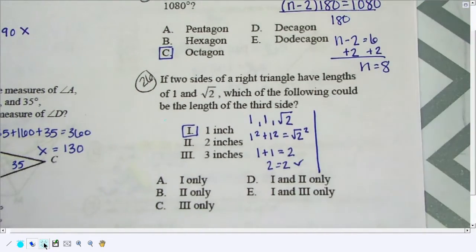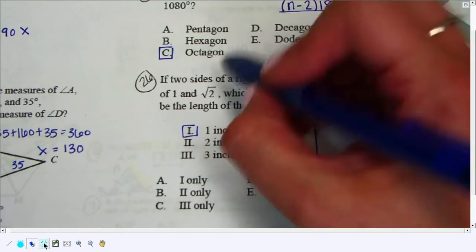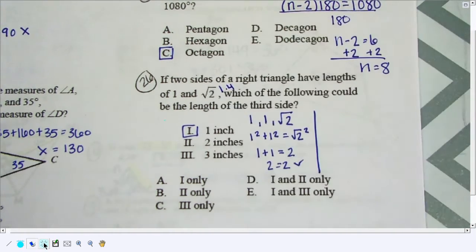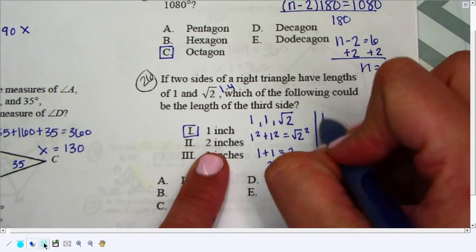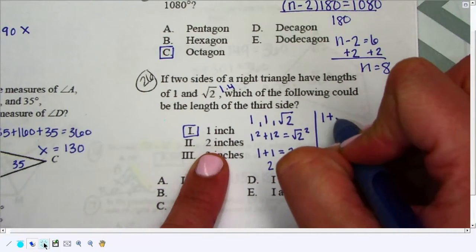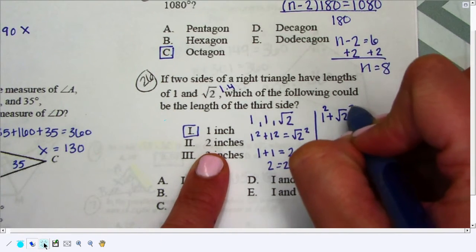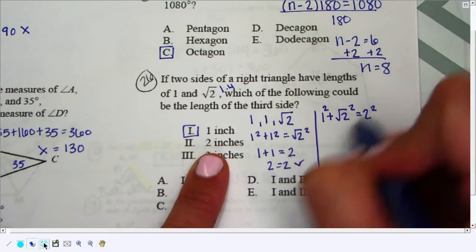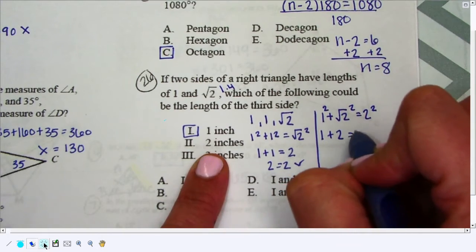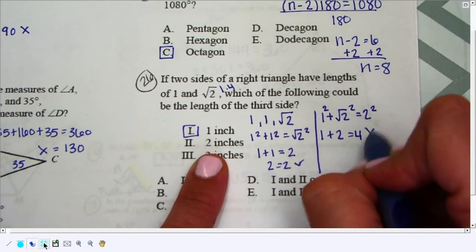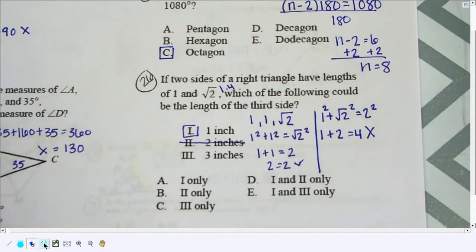Next, we've got 1, square root of 2, and 2. Remember, the square root of 2 is 1.4. So that would make 2 the hypotenuse length. So we would do 1 plus the square root of 2 squared equals 2 squared. So 1 plus 2 equals 4. Well, that's not true. So 2 is not an answer.